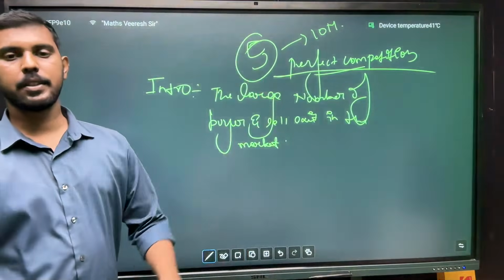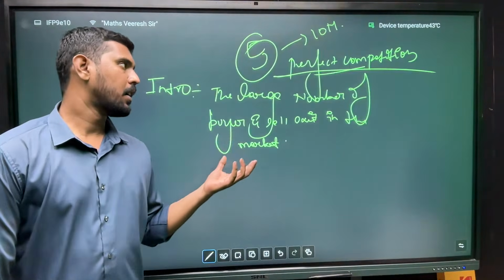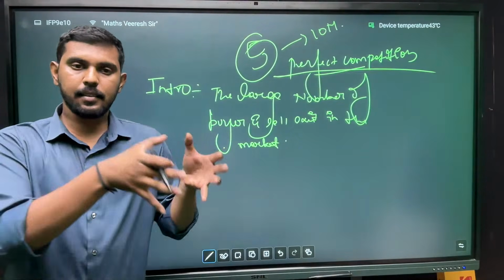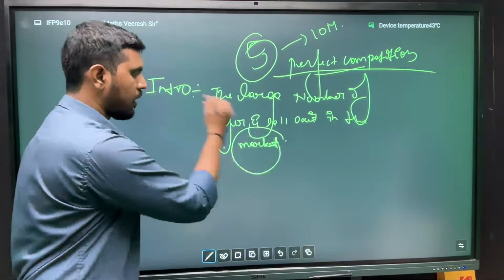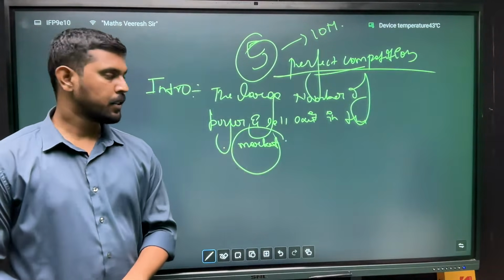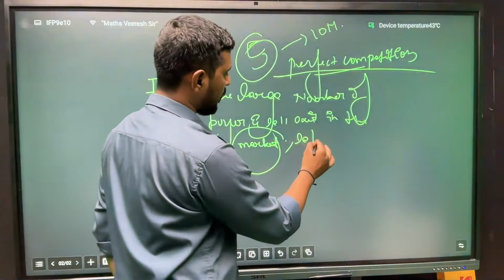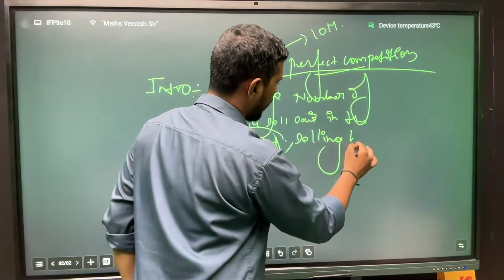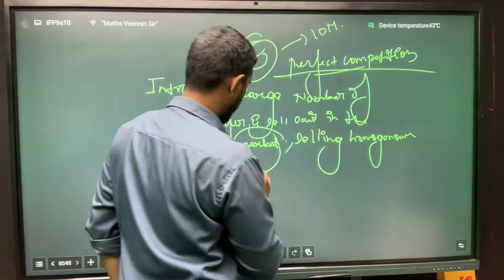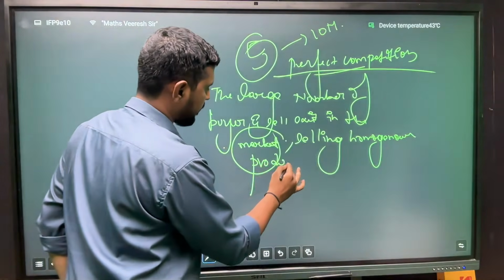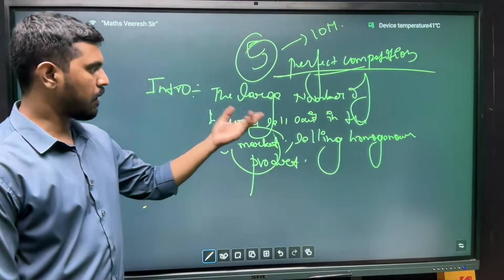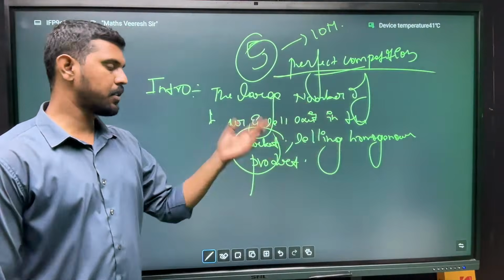So perfect competition, introduction or definition or meaning, is: a large number of buyers and sellers exist in the market. They have to sell something, right? They sell homogeneous product. So a large number of buyers and sellers exist in the market selling homogeneous product.